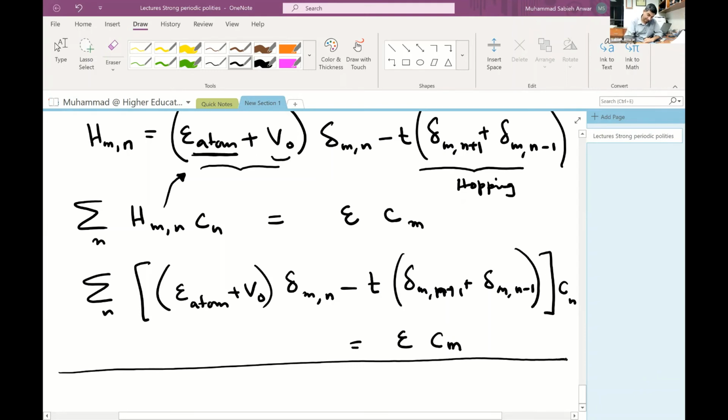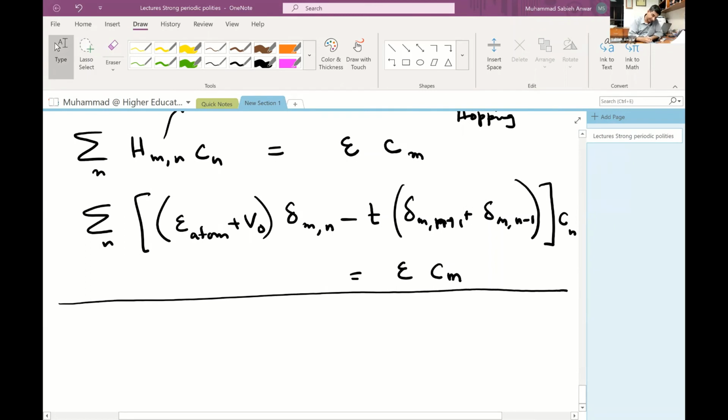All right. So now if I look at the left hand side, I'm summing over all n's, but I'm only picking up one value of n, which is equal to m, because of the Kronecker delta.